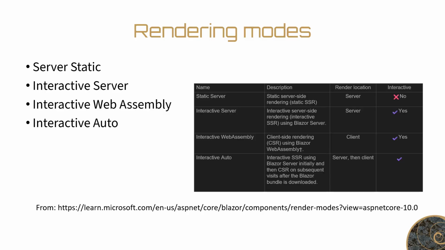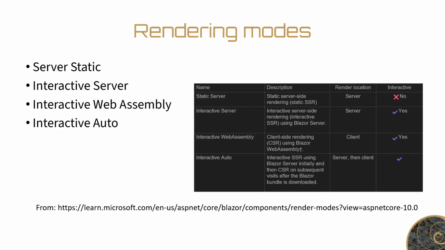And the difference is where it occurs. With interactive server, the interaction happens on the server. You click on a button on your page and it sends over a SignalR connection information that happened to the server, and the server responds to that button click on the code on the server.